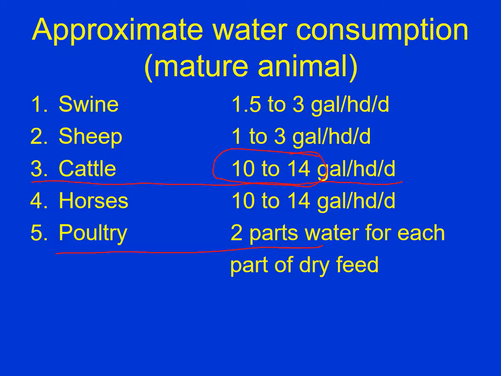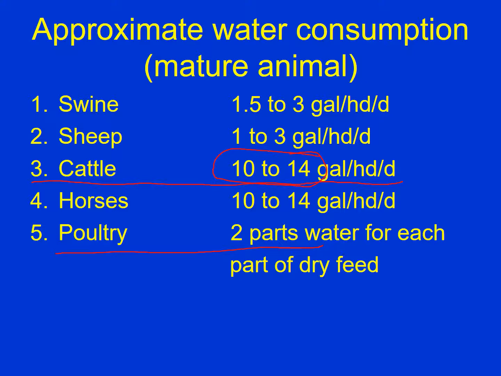As I said, water is one of the cheapest nutrients, but if animals are not performing up to expectations, one of the first things you should do is check the water supply. The water tank may need to be cleaned out. Stray voltage can be preventing your animals from drinking enough water.